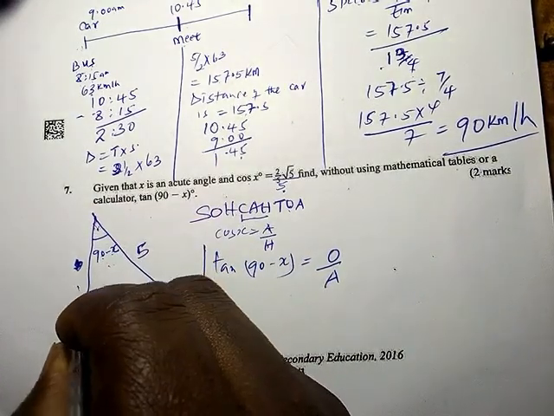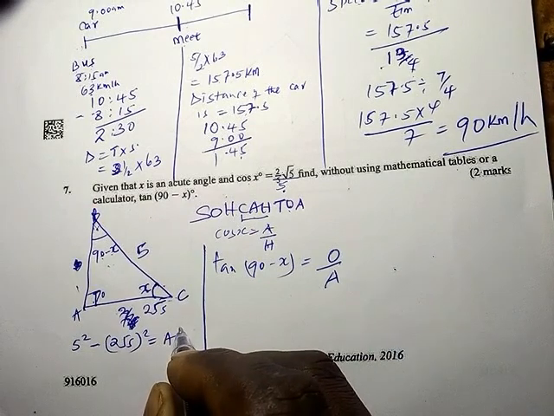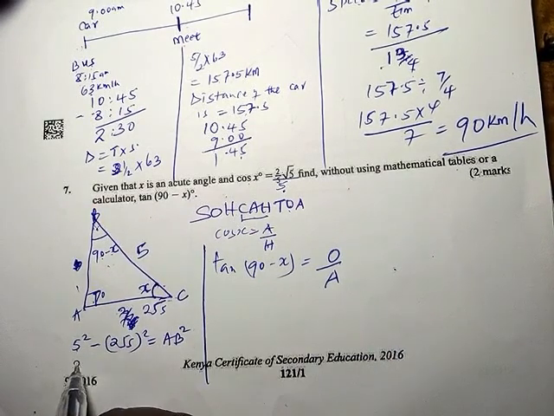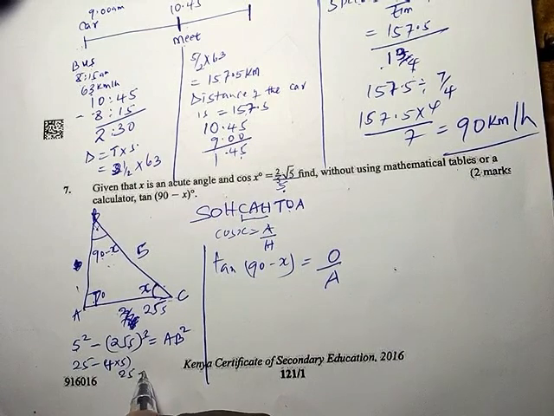Let me call it ABC. That will give me AB squared, which is 25 minus the square of 2 root 5, which is 20.